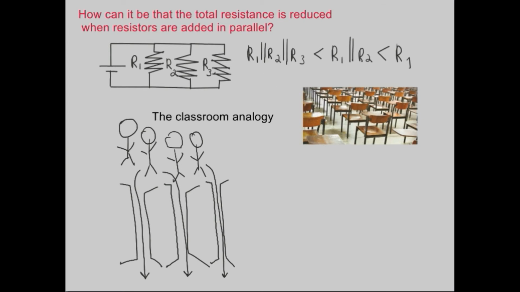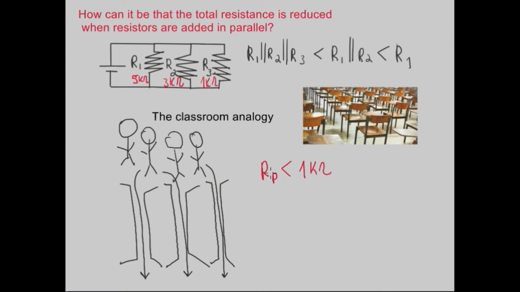Now, using this analogy, you can understand why the equivalent resistance in a parallel circuit is always lower than the value of the lowest resistor. That is, if we have three resistors, 5 kilo ohm, 3 kilo ohm, and 1 kilo ohm, our equivalent would be smaller than 1 kilo ohm.